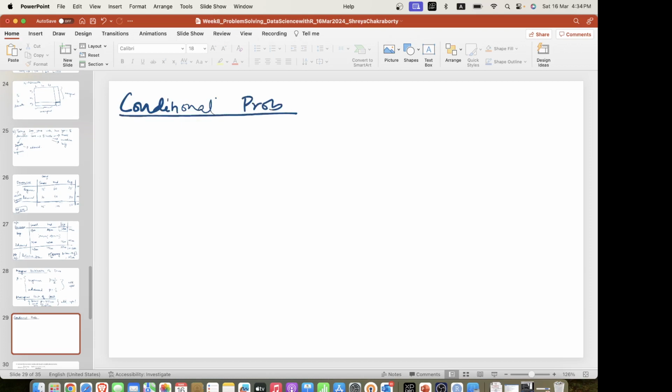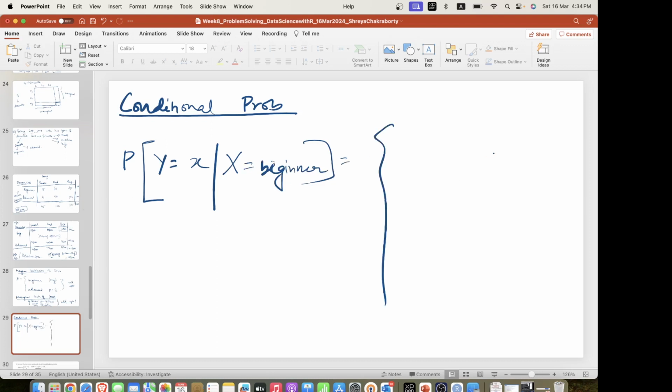So, conditional probability is the probability of testing on a car Y equal to x given the driver is a beginner. So, that would be how much? You are testing on a small car, a medium sized car, or a big car.